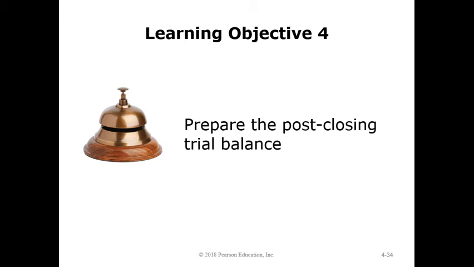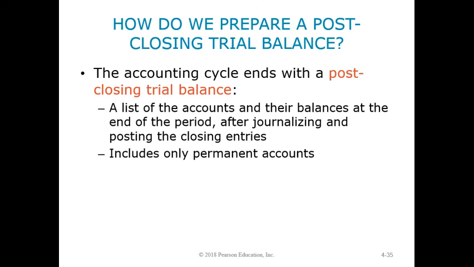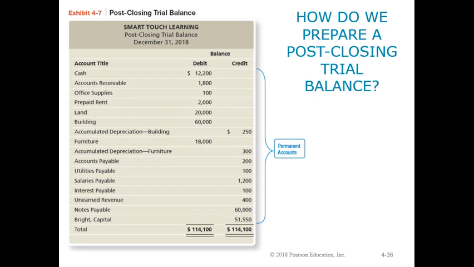So our next learning objective here is to prepare the post-closing trial balance. When we prepare the post-closing trial balance, we do this at the end of the accounting cycle, and this post-closing trial balance will only have the balance sheet accounts listed on it. It only includes those permanent accounts, and we know that those permanent accounts are only those balance sheet accounts.